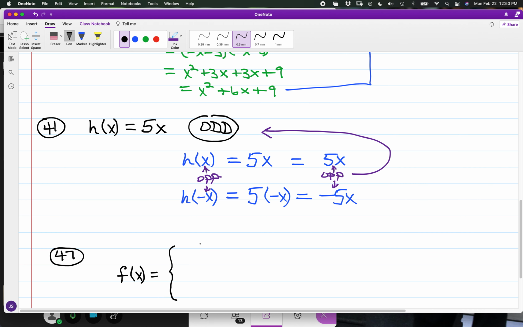This is partitioned into 3 sections. So we have y is equal to negative 3x plus 7 on the condition that x is less than negative 1.